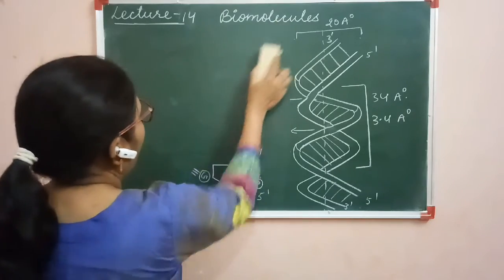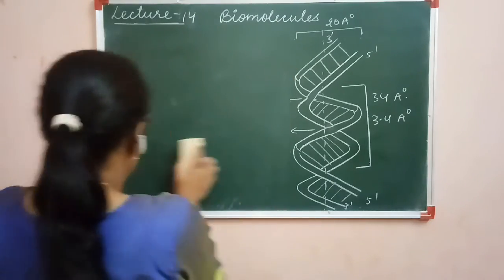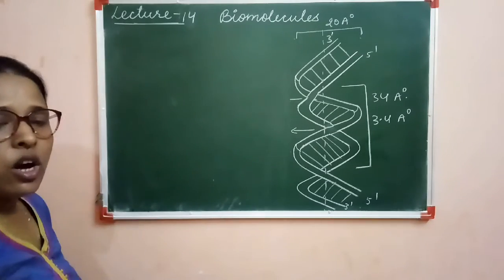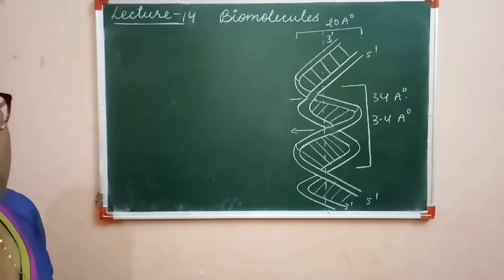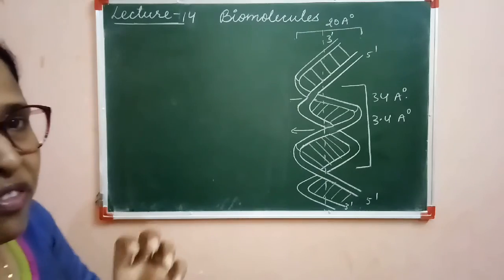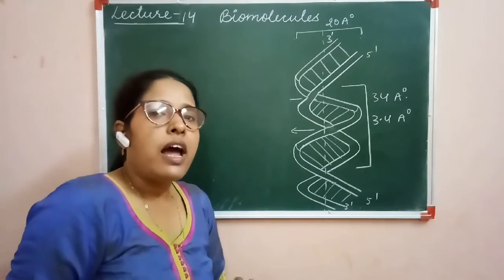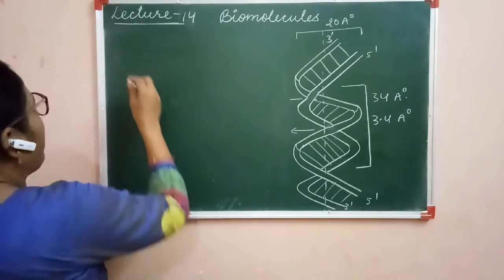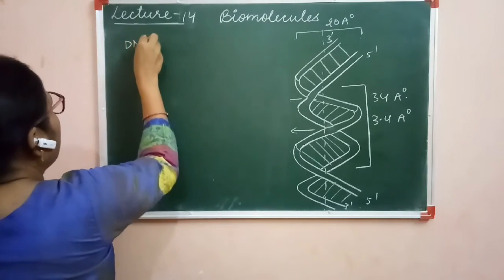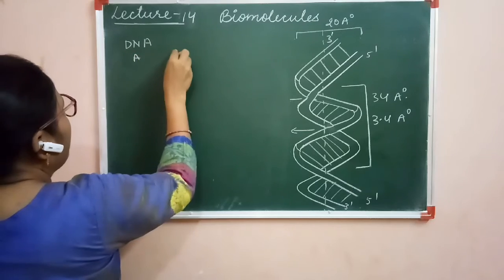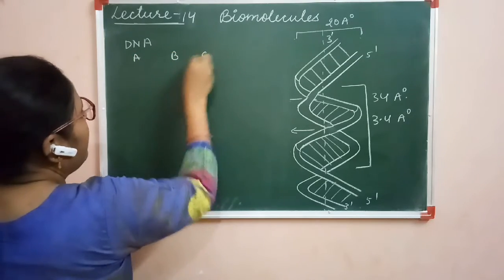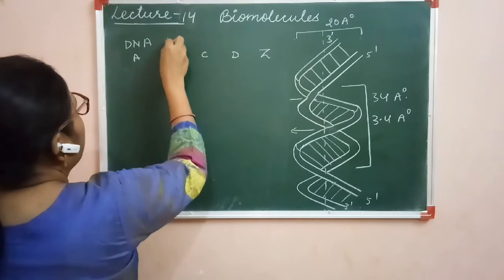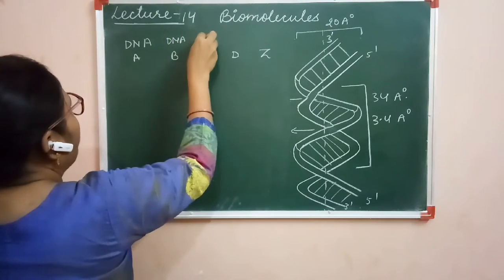On the basis of the number of base pairs and the coiling, whether the coiling is right-handed or left-handed, the DNA molecules are of 5 types, that is DNA A, DNA B, DNA C, DNA D, and DNA Z. These are the 5 types of DNA.